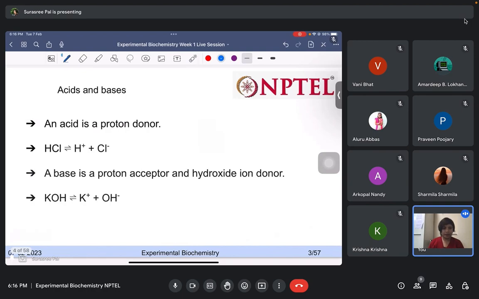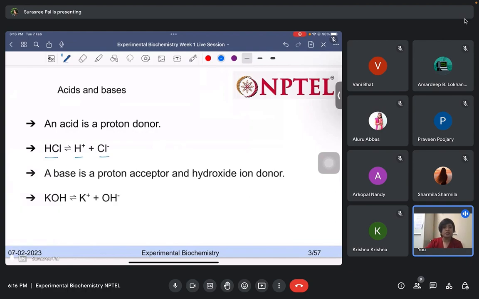Now in the next topic, we will come to acids and bases and also pH. In class 11th and 12th chemistry, you must have learnt about acids and bases. And what is an acid? An acid is a proton donor. So, for example, HCl dissociates into hydrogen ion and chloride ion.